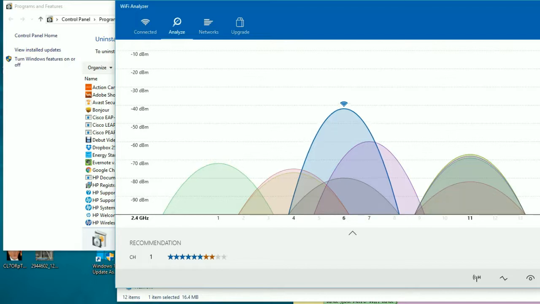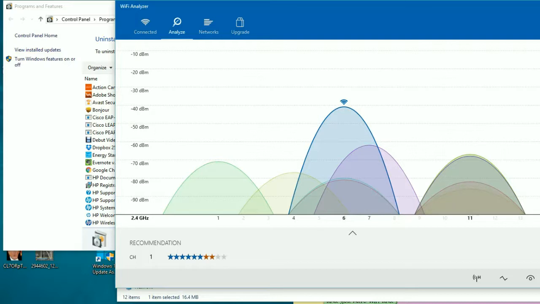It looks like these people are on channel 11, and I would not be surprised if they're having slow signals or can't connect to the internet at all, because all of these are sharing the same channel. Now, I'm on channel 6 right now. I can tell because I'm in the center here and it's highlighted.